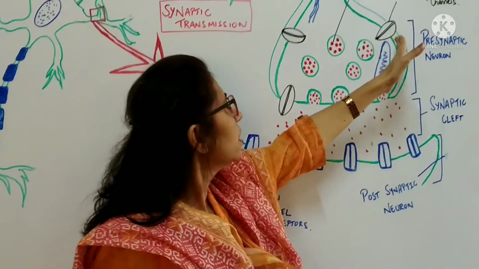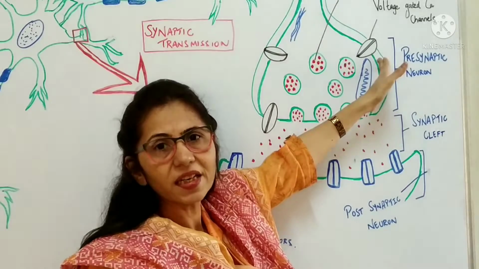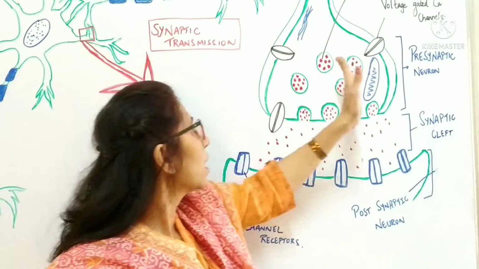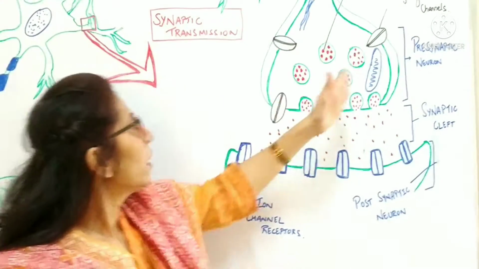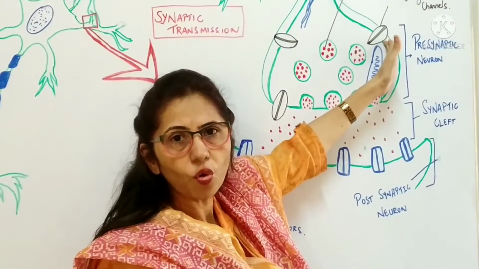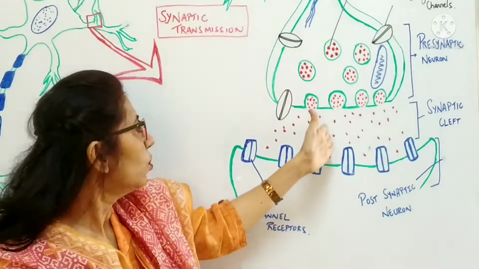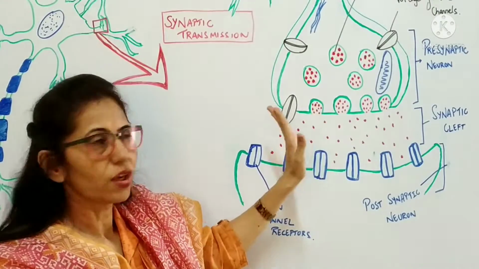Another important point to remember in the diagram is the voltage gated calcium channels. Calcium is a very important component for release of the neurotransmitter into the synaptic cleft. When the voltage gated calcium channels open, there will be calcium influx, and that will cause the vesicles to release the transmitter into the synaptic cleft via exocytosis.